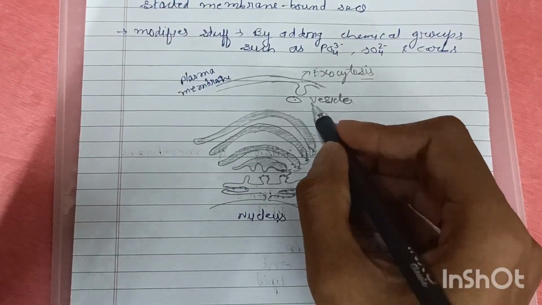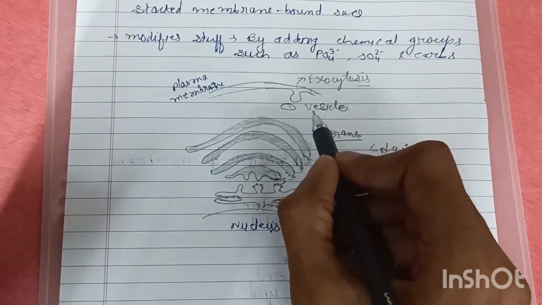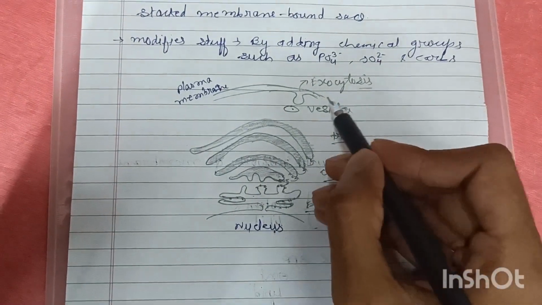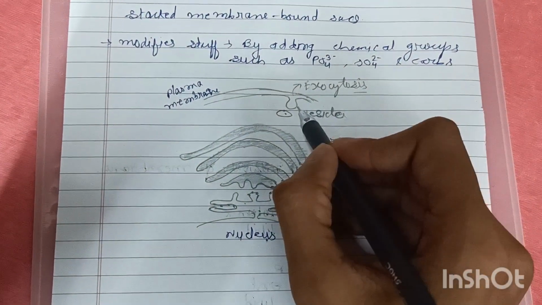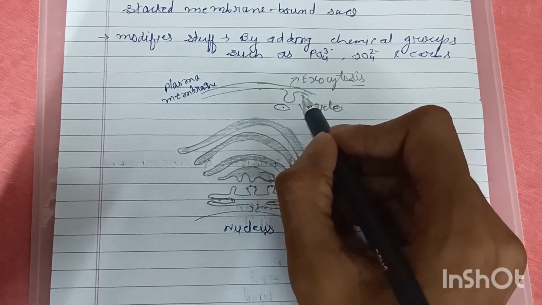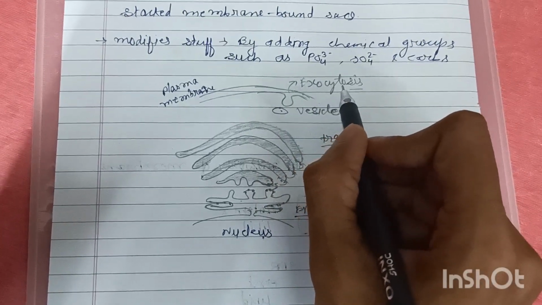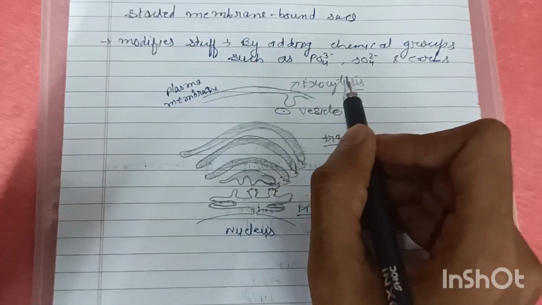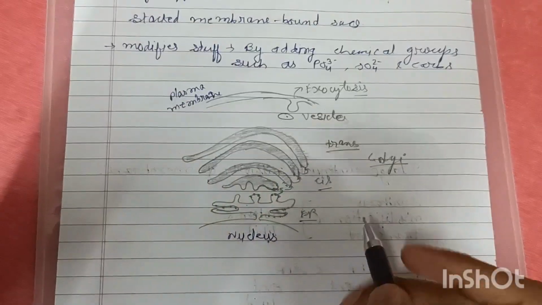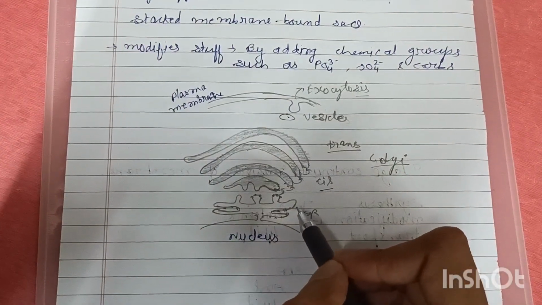Then from here it is released in the form of vesicle, and then these vesicles go and bound with the plasma membrane, and then through cytosis process it is released from the cell. So this is the process of transportation.